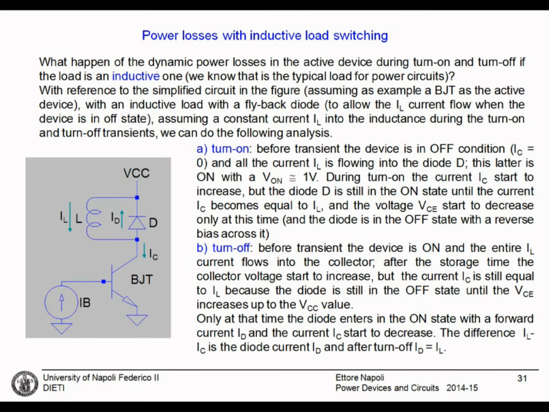It is now the case to think of power losses in a case that is more related to what we see in real applications. In real applications, the load is typically of the inductive type. It's not a resistive load.